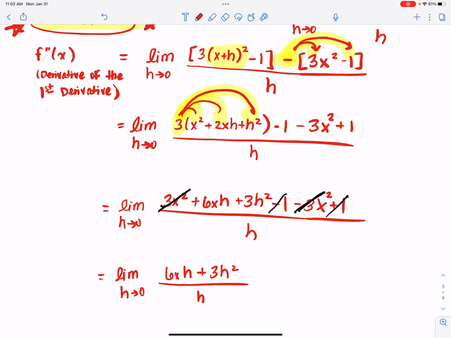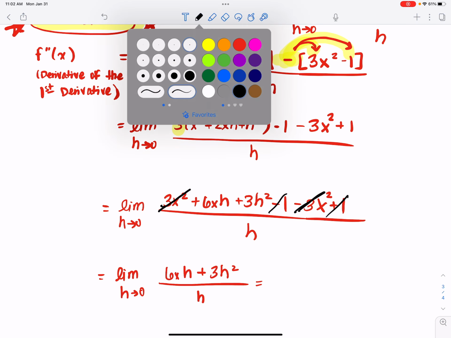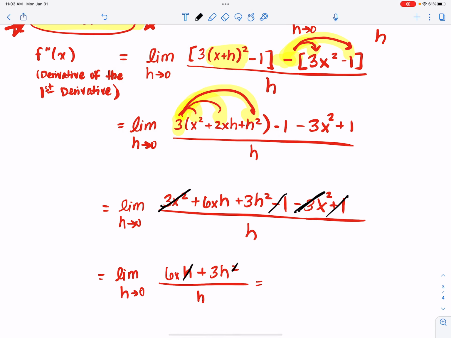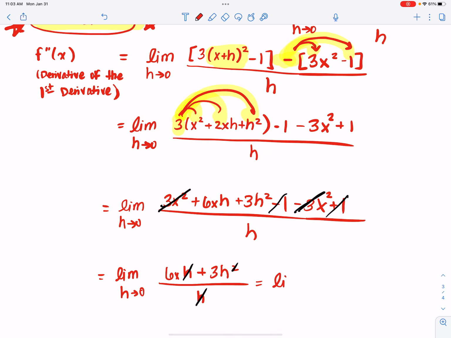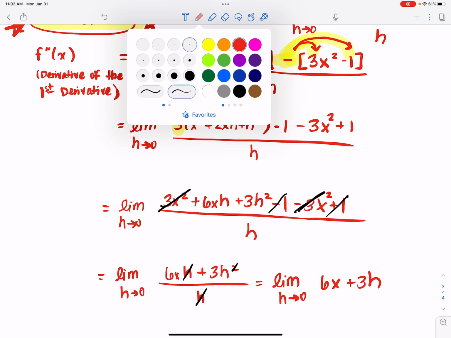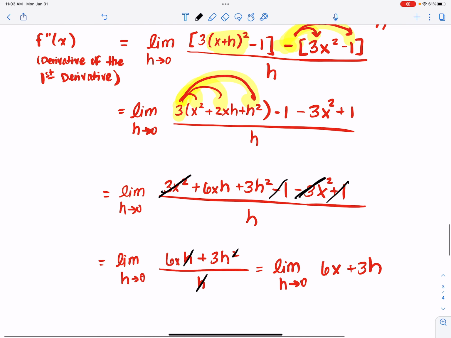Factor out an h. Good, because everything has an h. So if you take an h out from every single term, I just canceled out an h from everything, and you'll be left with just the limit as h approaches 0 of 6x plus 3h. And now you can plug 0 in for h.